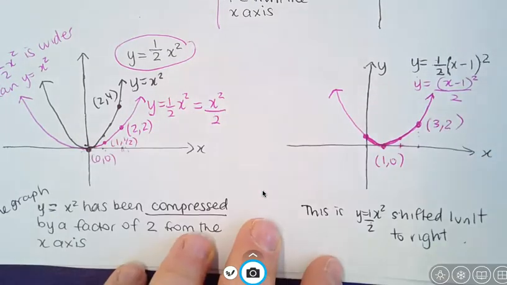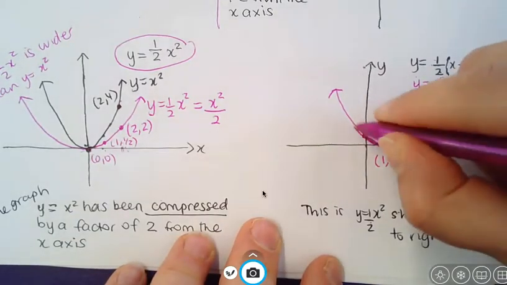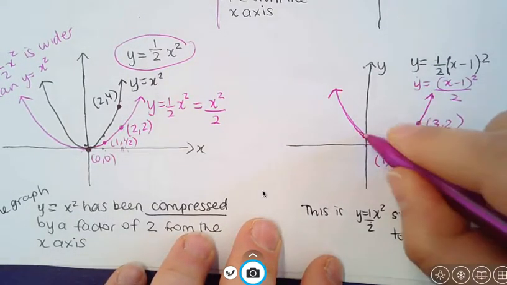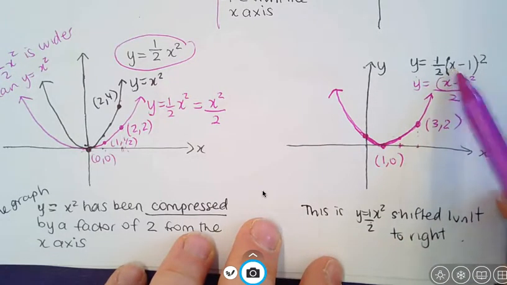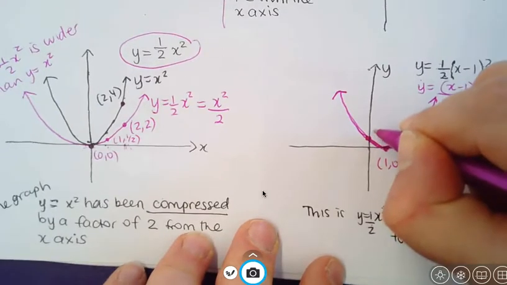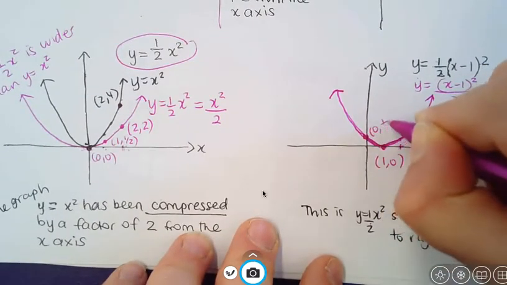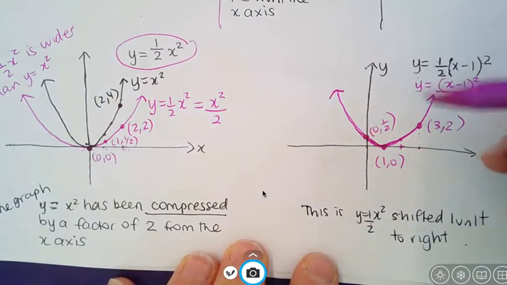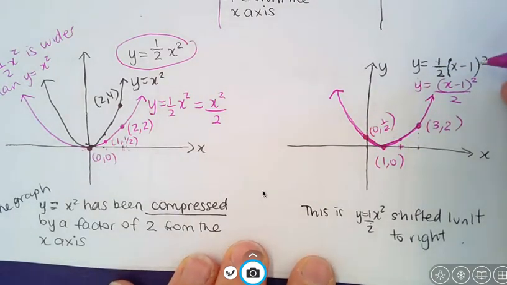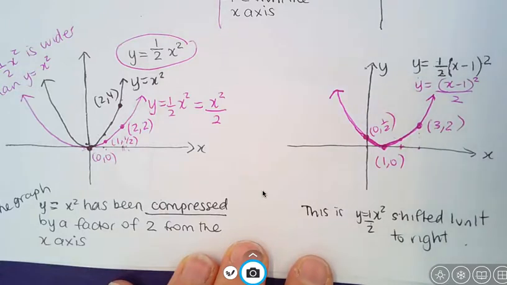Substitute. Yeah, a half. So this is the point 0, a half. Okay? So this is wider than the x squared graph, and it's shifted 1 unit to the right.